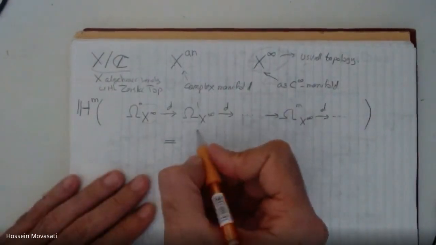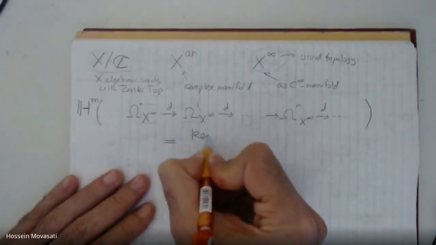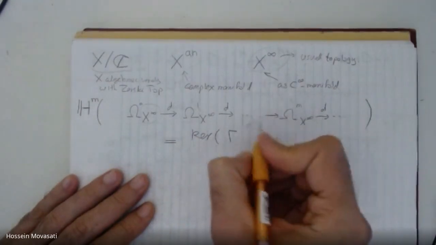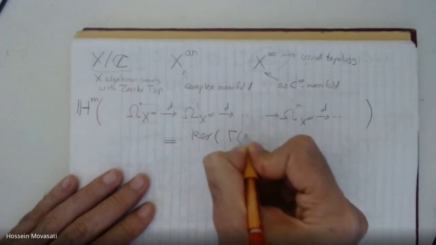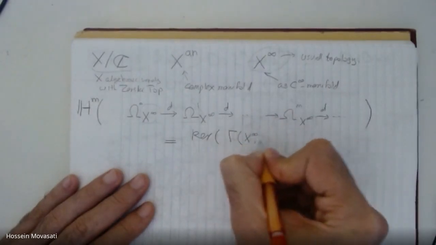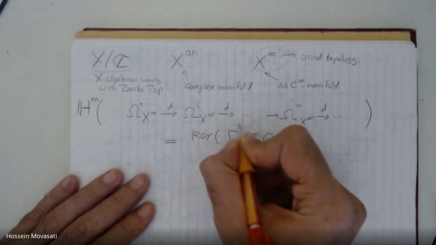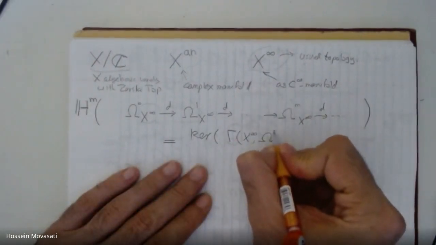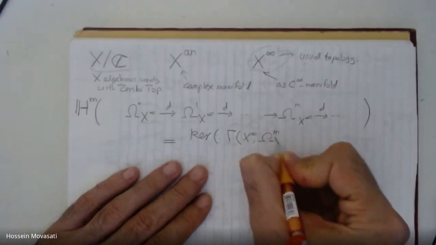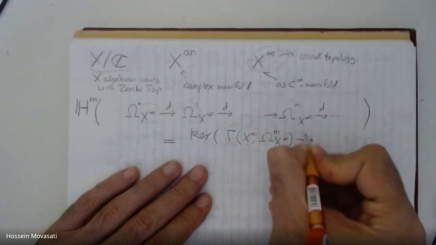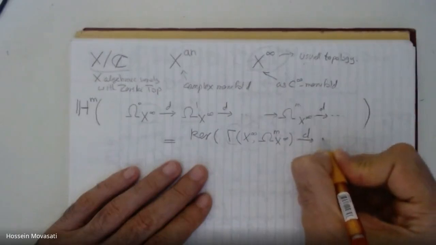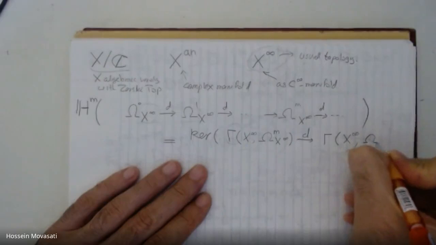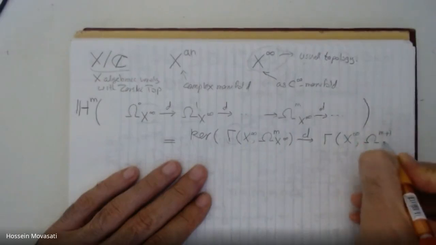What is the classical de Rham cohomology? It is the kernel. We take the global differential forms, where gamma was the notation for global sections, on X infinity, the closed ones, so their d must be 0.